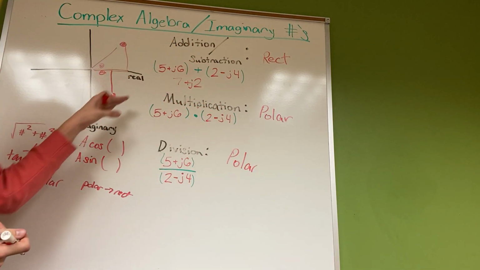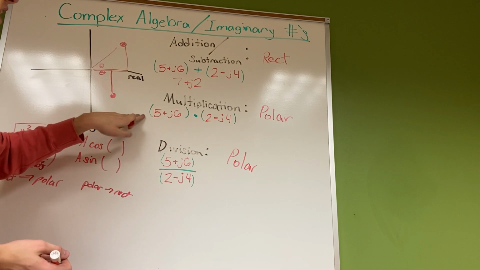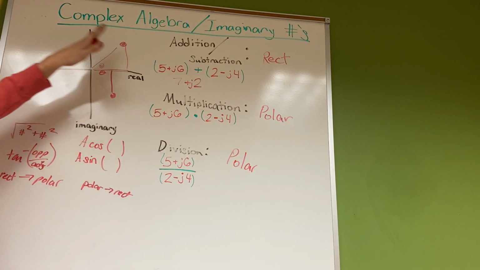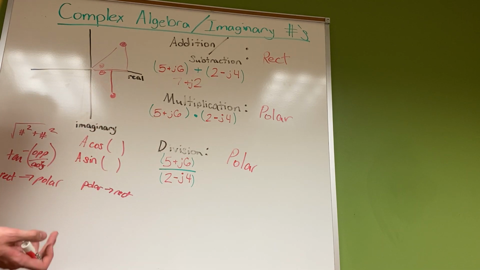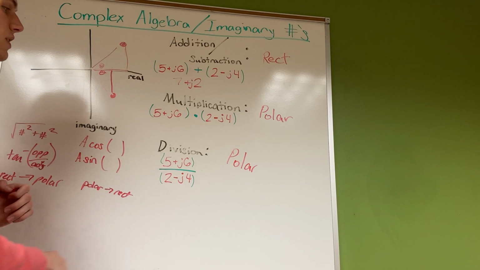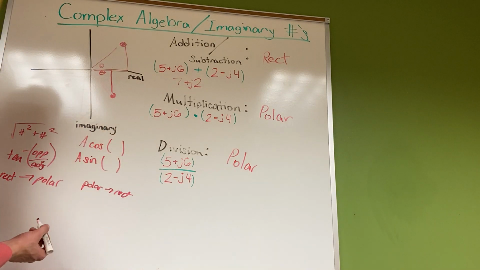Okay, so if you're doing multiplication or division and you're given the rectangular, we want to do what we just talked about to switch it to polar so we can do multiplication or division on them. If we're given polar, then we can just stay in that form, obviously.